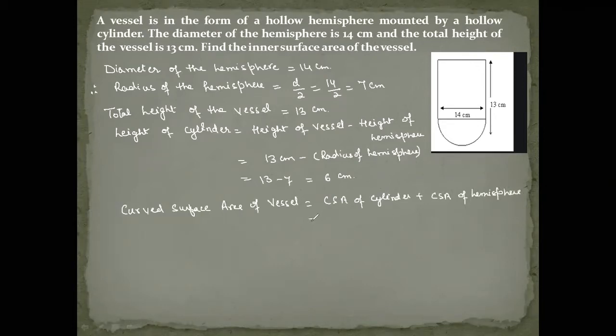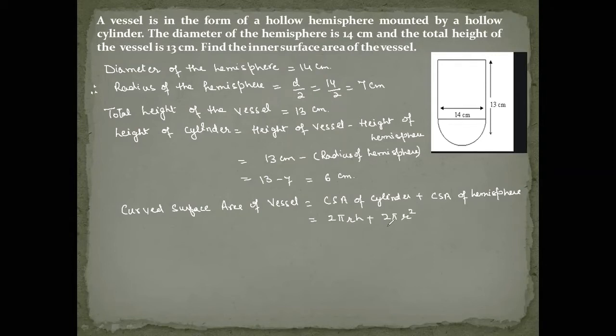So curved surface area of cylinder is 2 pi RH and curved surface area of hemisphere is 2 pi r square.